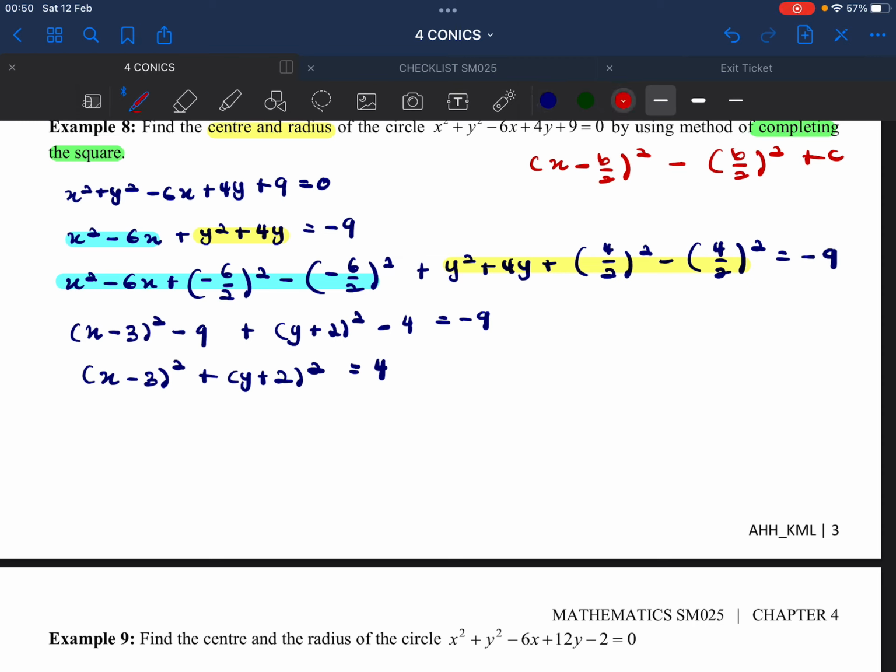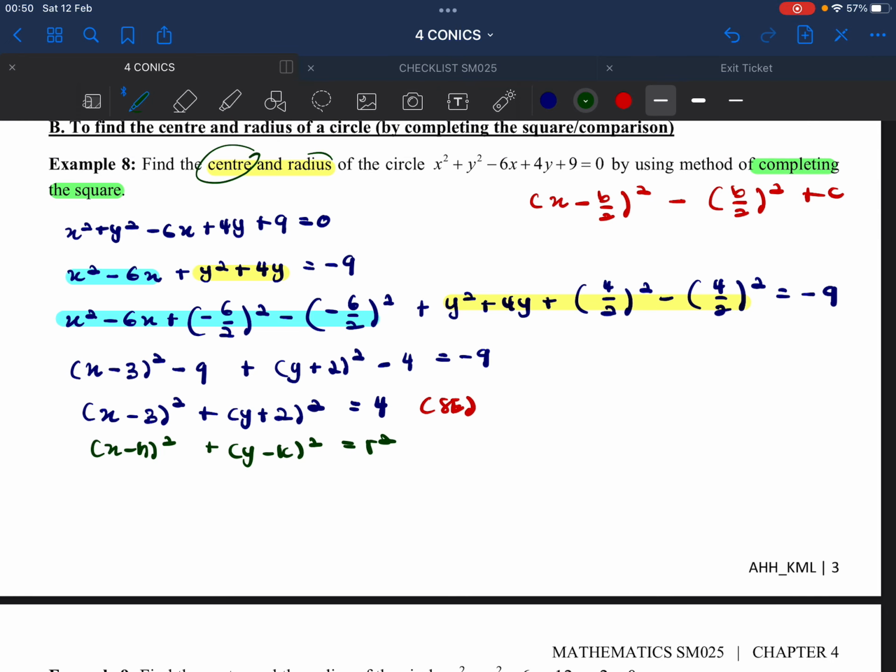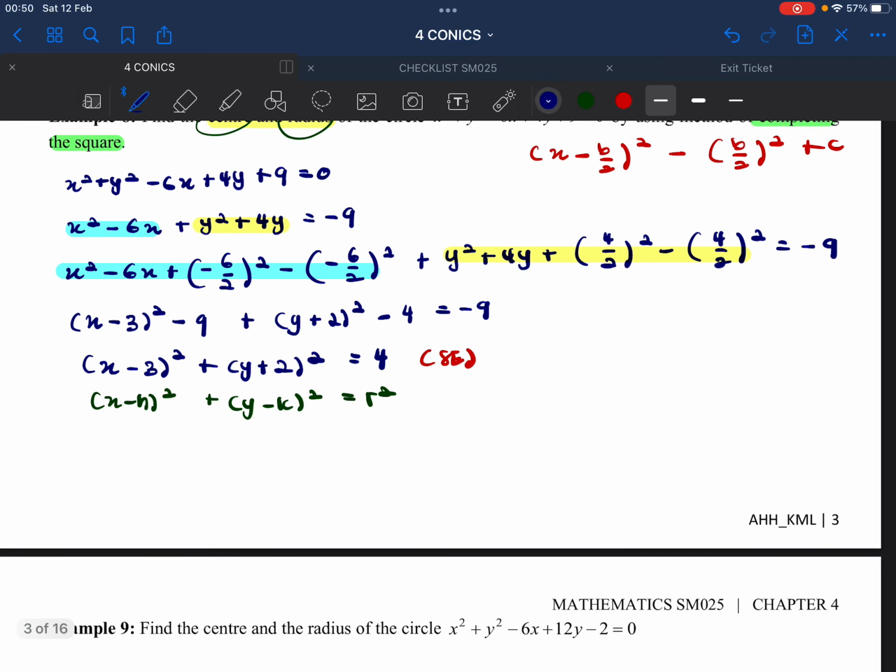This is our standard equation of the circle, x minus h squared plus y minus k squared equals r squared. The question asks for the center and the radius. You know that the center is (h, k), so the center is (3, negative 2).